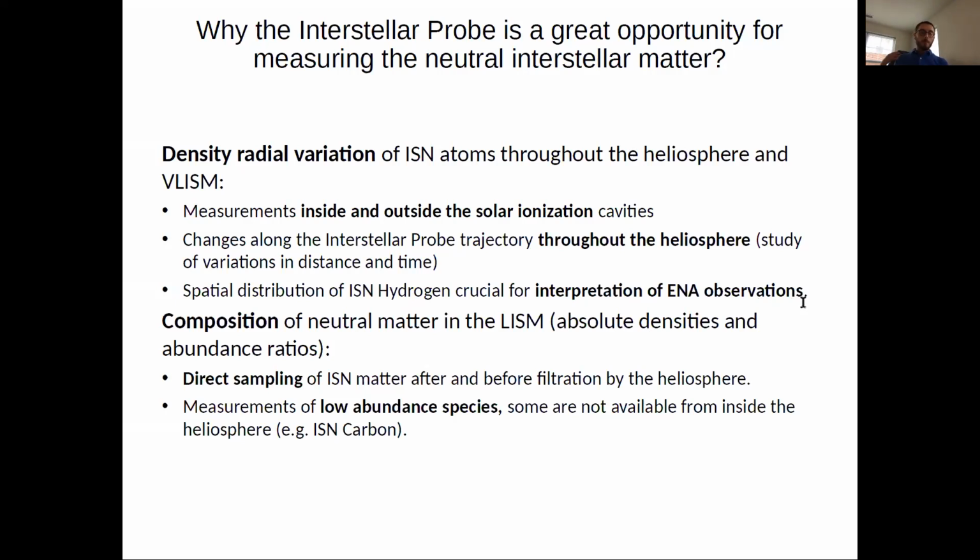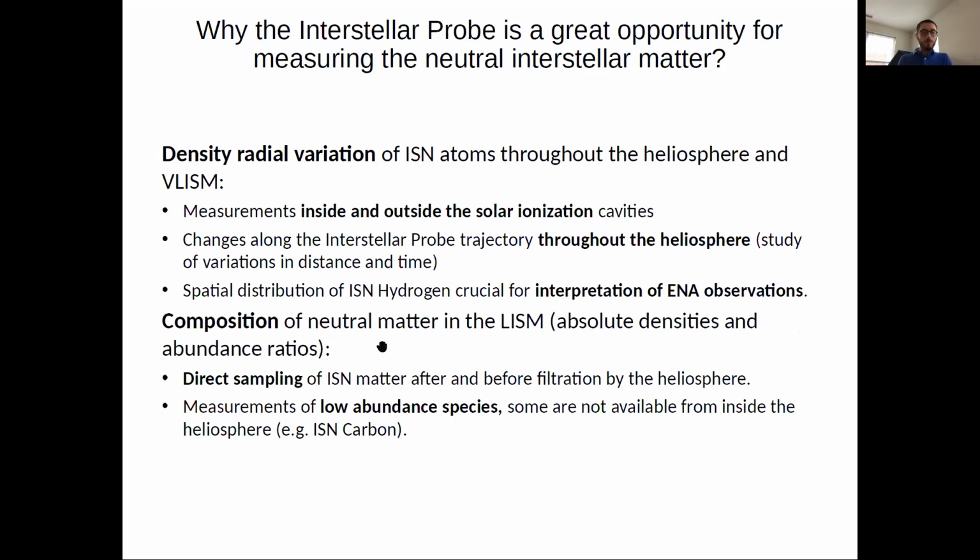But a separate thing is also the composition. As I mentioned at the very beginning, there are a couple of chemical elements that can be observed. With that, we would be able to see how these different elements are filtered in the outer heliosheath boundaries, and maybe for the first time observe some low-abundance species that cannot make it inside the heliosphere.